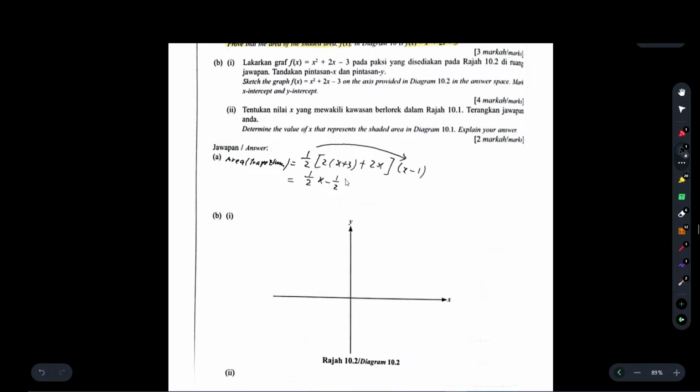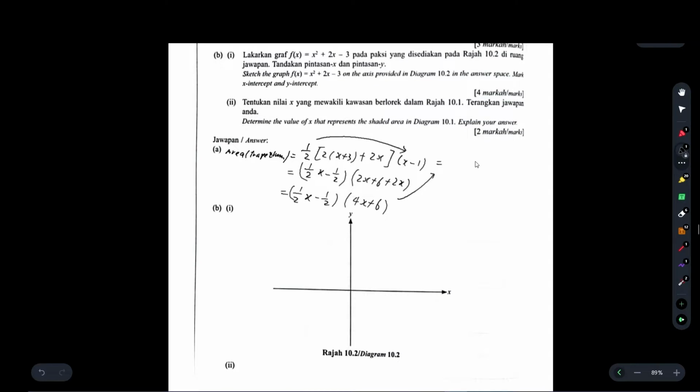So we have 1/2 times (2s plus 6 plus 2s), times (s minus 1). 1/2 times 4s is 2s, so we will have 2s squared plus 3s minus 2s minus 3. Simplify it, and we have 2s squared plus s minus 3. This is the area of the trapezium.